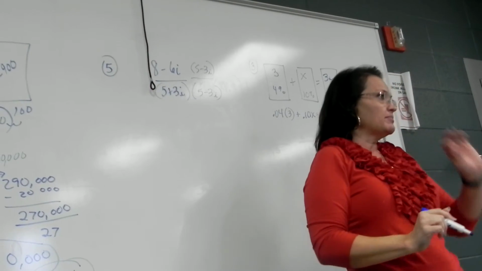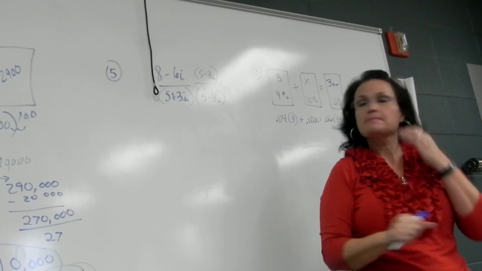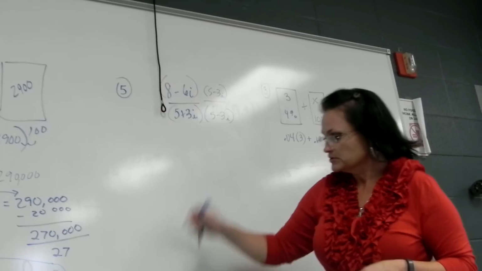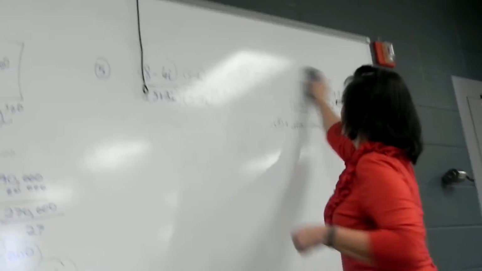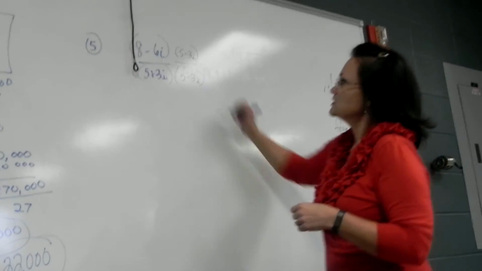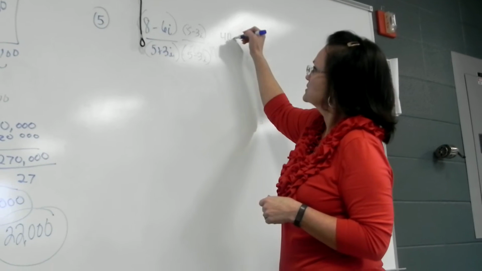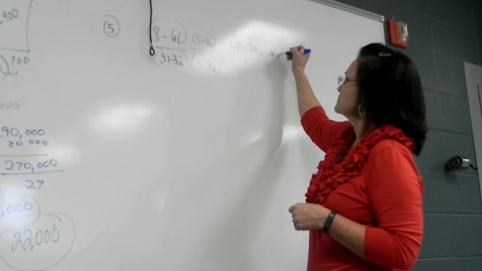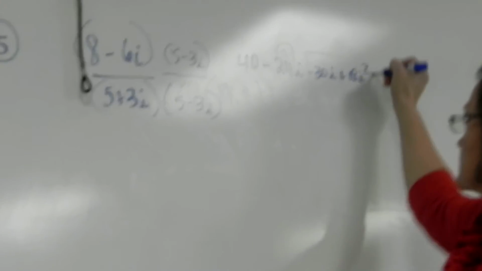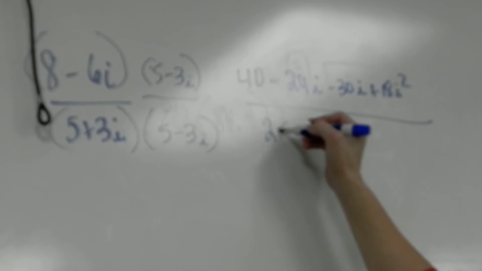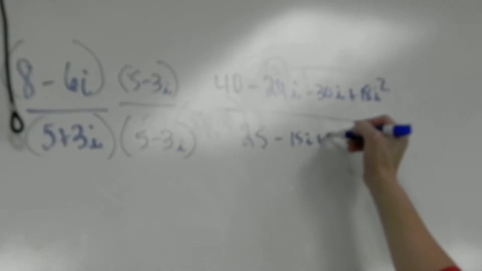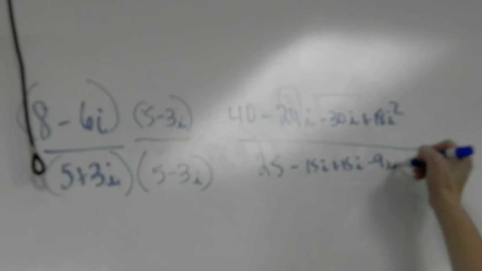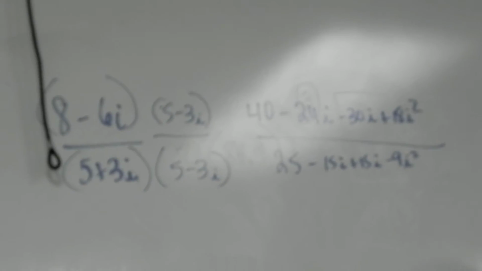So timesing top and bottom by 5 minus 3i has to be FOILed, numerator and denominator. So the first, and so on. FOIL the denominator. And then combine any like terms.